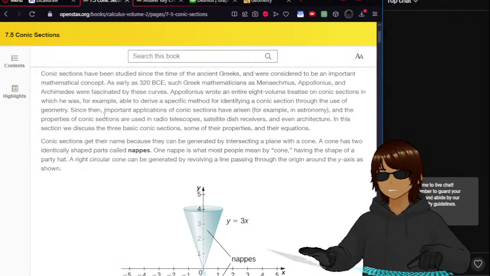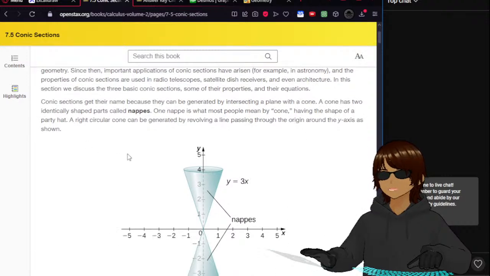Since then, important applications of conic sections have arisen. For example, in astronomy, the properties of conic sections are used in radio telescopes, satellite dish receivers, and even architecture. Conic sections get their name because they can be generated by intersecting a plane with a cone. A cone has two identical shaped parts called nappes.